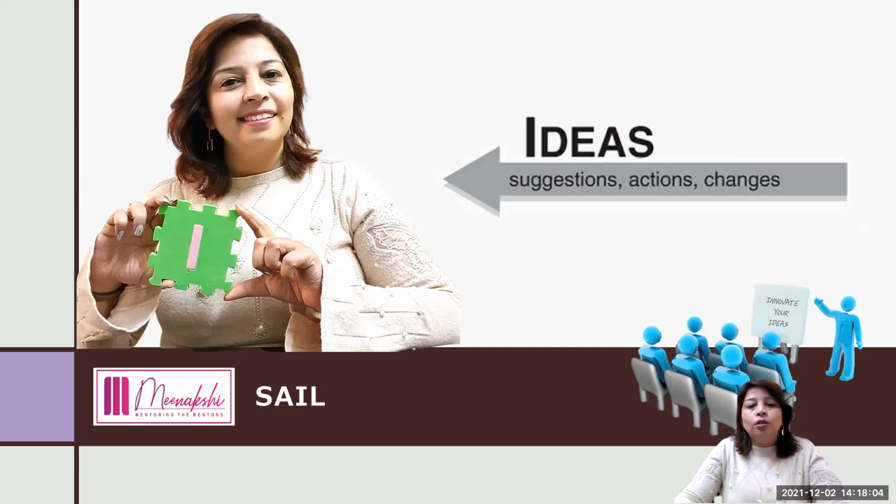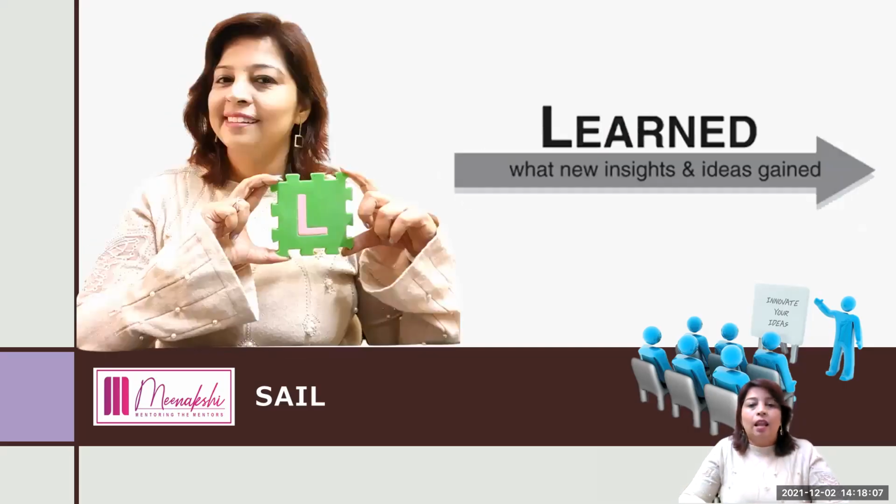So now moving on to the next L, the last letter of the word SALE. L is learned. Again, it's a one-way arrow, but right now it is from the presenter towards the audience. So as a presenter, when I gather all the information, all the suggestions, ideas that have been given to me by my audience, right, I will go through all those points, and I will sum up how those ideas were helpful, and I'll be able to incorporate them, right?